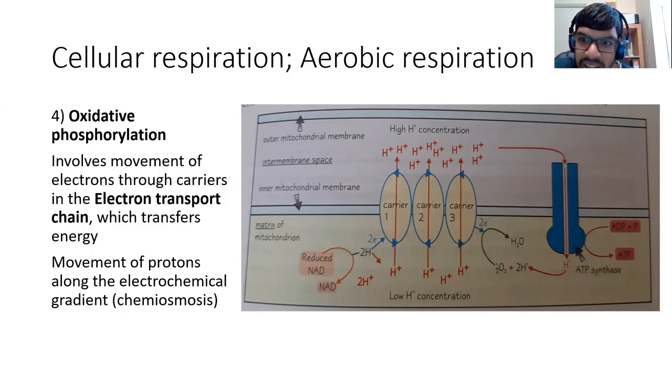So then as they move back, they move through this protein complex known as complex 5, also known as ATP synthase. And when the protons move from the intermembrane space to the matrix of the mitochondria using ATP synthase, this phosphorylates ADP to form ATP.